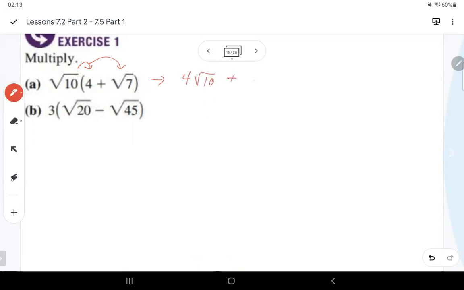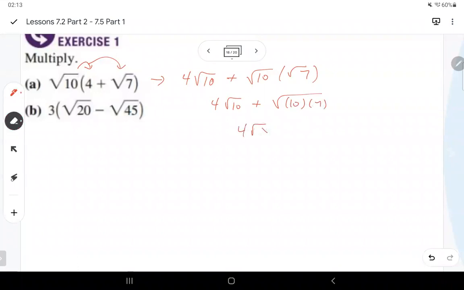Then we also have square root of 10 times square root of 7. That's going to become 4 square root of 10 plus square root of 10 times 7, which is 4 square root of 10 plus square root of 70. And we're done there.